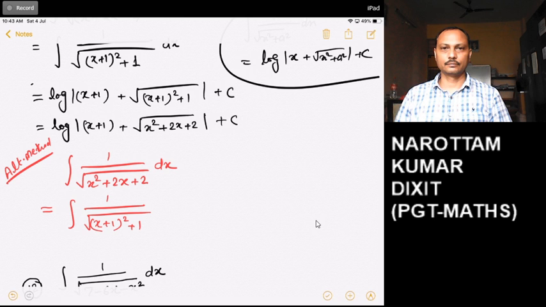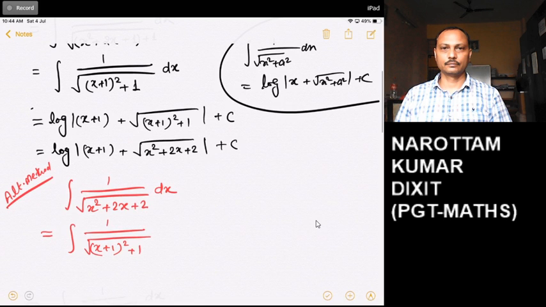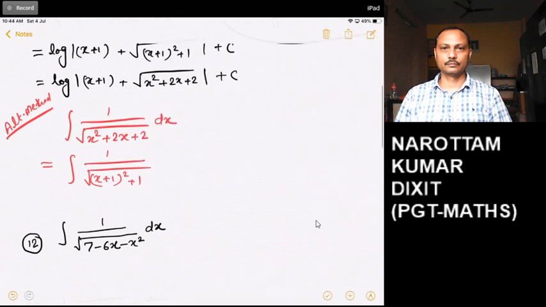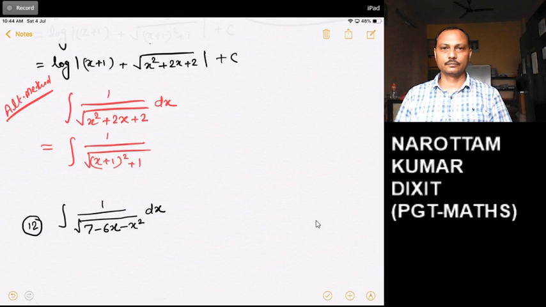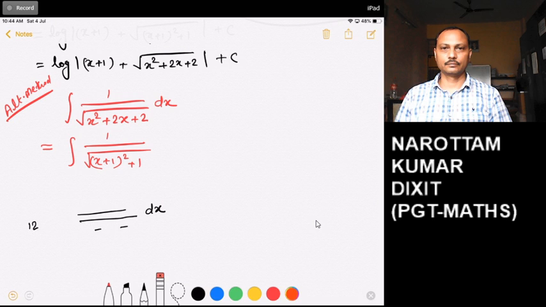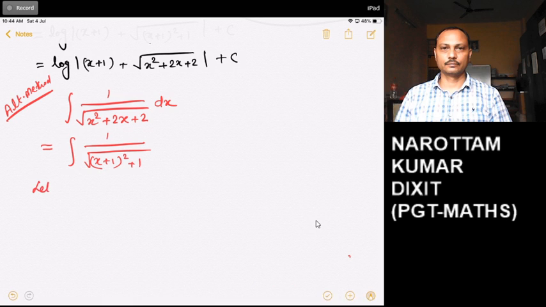Now, if we are using substitution method here, we substitute the value x plus 1 as tan theta, then the derivative, that is dx, is equal to sec square theta d theta.